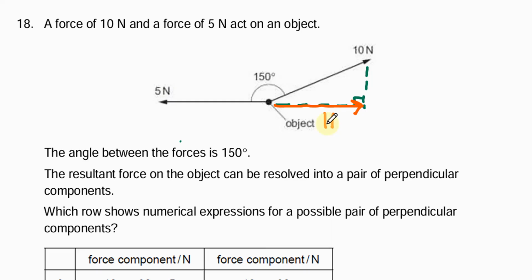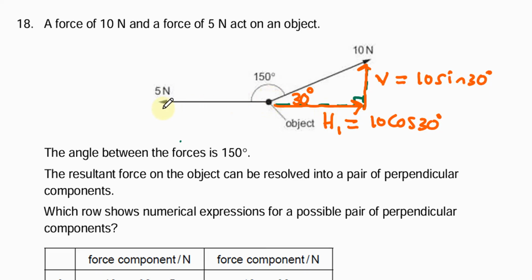I'm going to call it H1. And the vertical component, which I'm going to call V. This angle here, of course, is 30 degrees. So the horizontal component will be 10 cos 30. And the vertical component will be 10 sin 30.